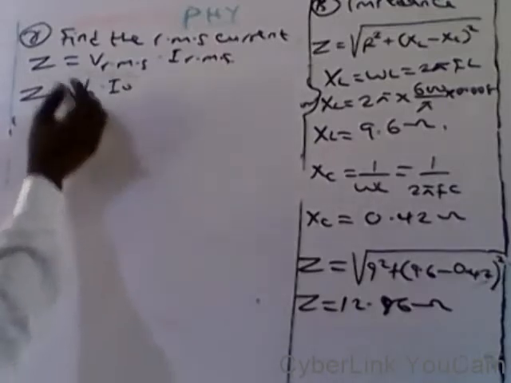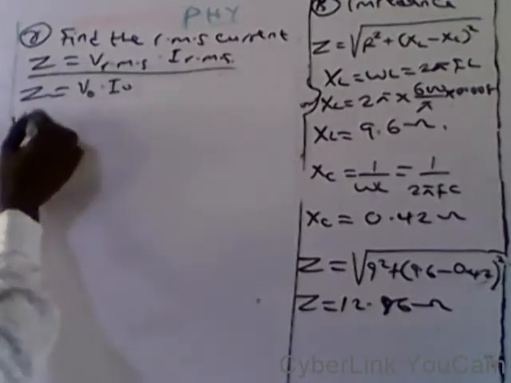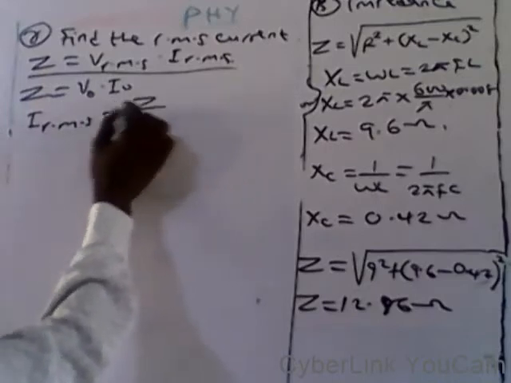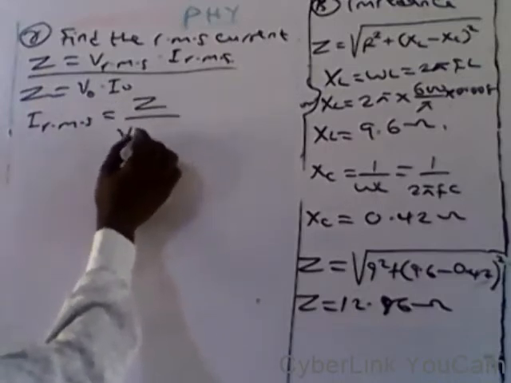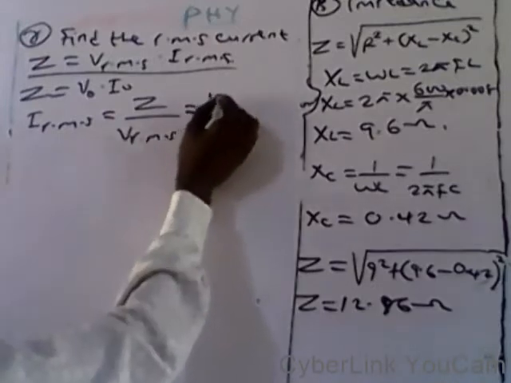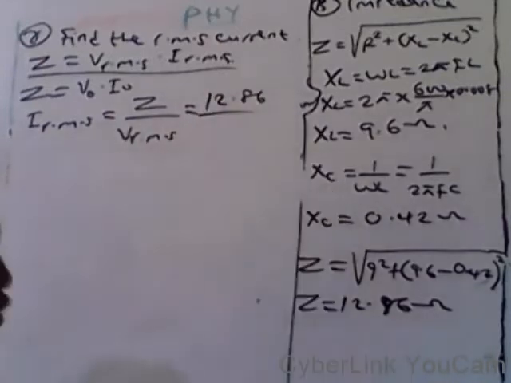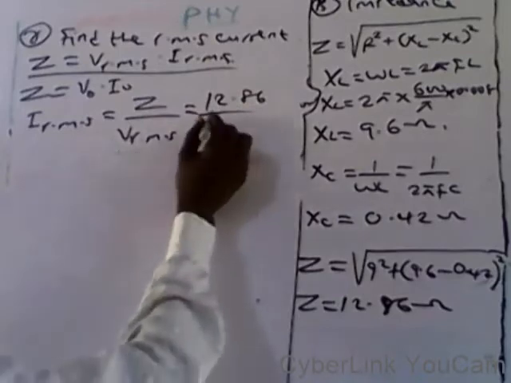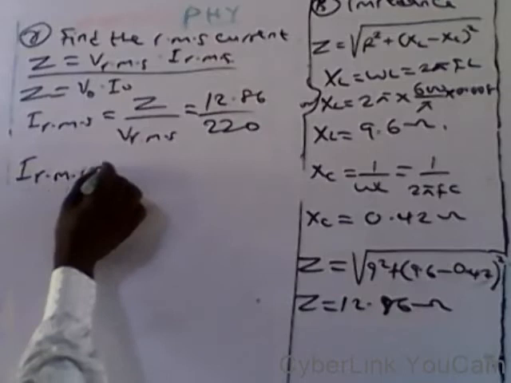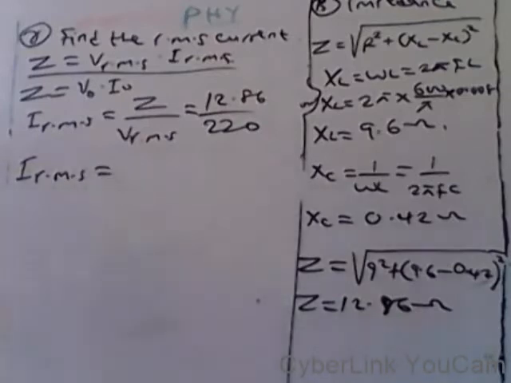Now in this case, using this, my I root mean square will be Z over V root mean square. So we have 12.86 over our V root mean square, which is 220 volts.